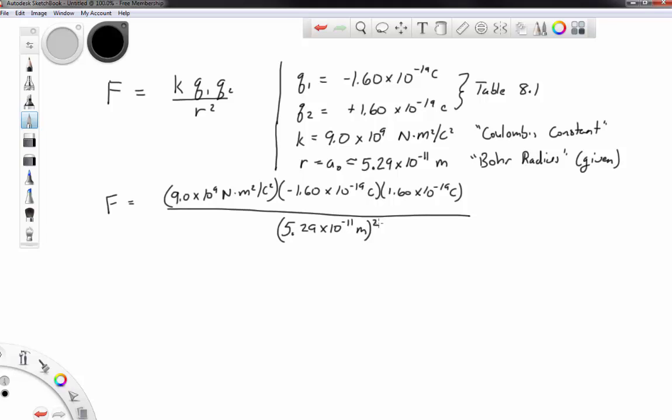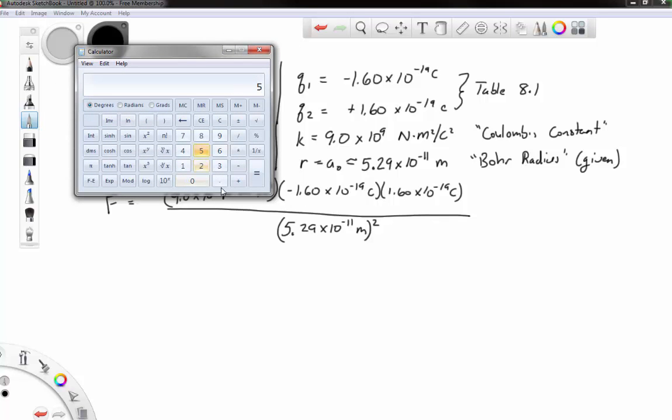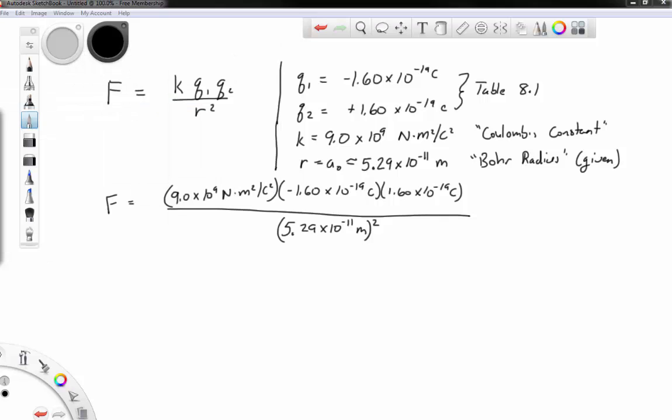Okay, so this means that we're going to have to actually deal with all these powers of 10. So let's go ahead and do that. I'm going to actually do this by taking this 5.29 number and squaring it. So that gives me 27.9841.